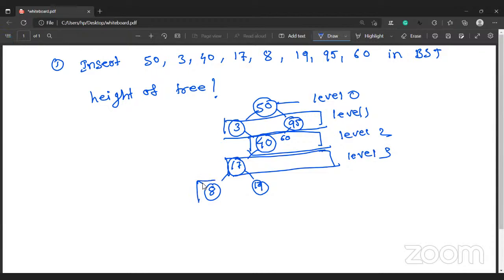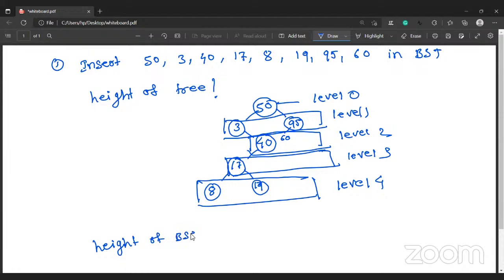And this is level 4. So the height of the tree will be 4. So the height of this BST is equal to 4. Right? Everyone got it? Hello?